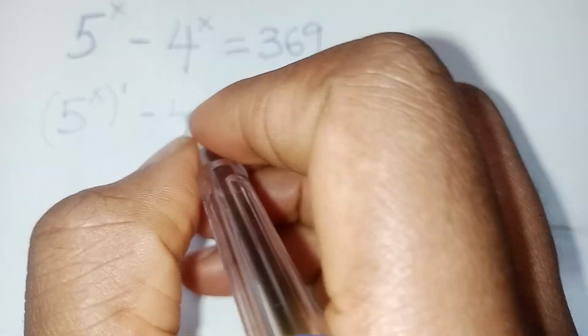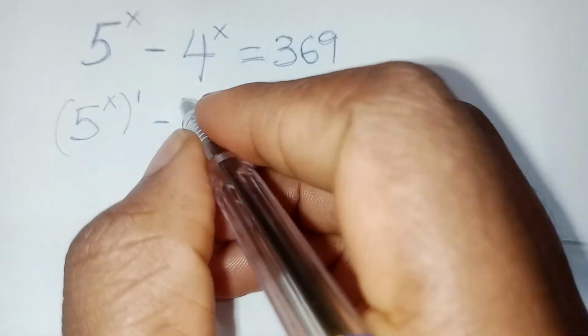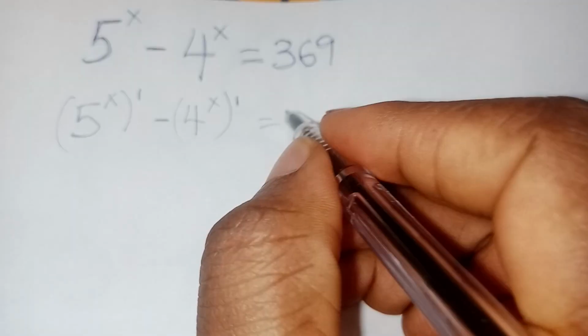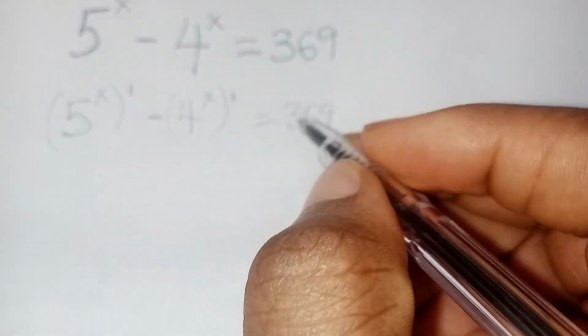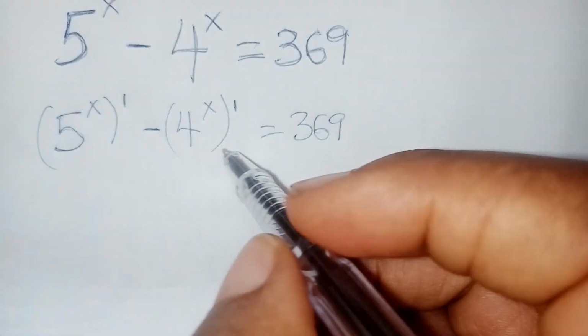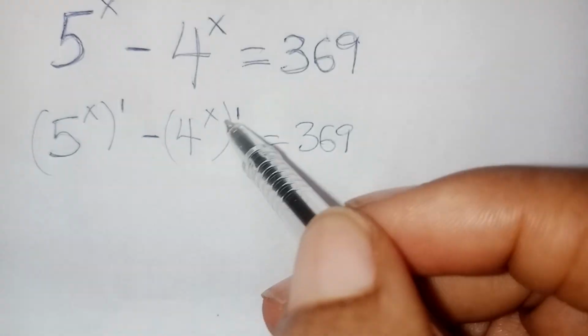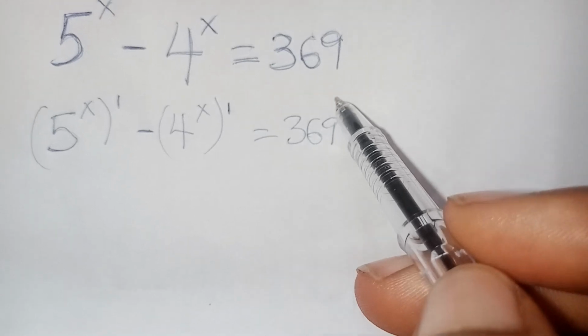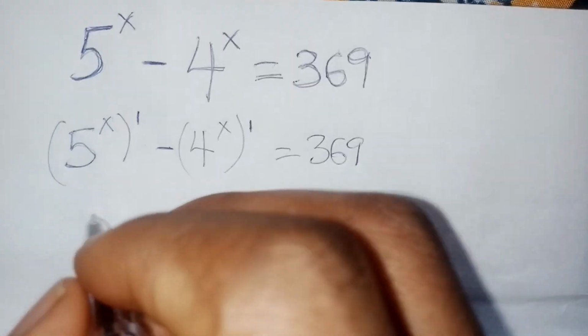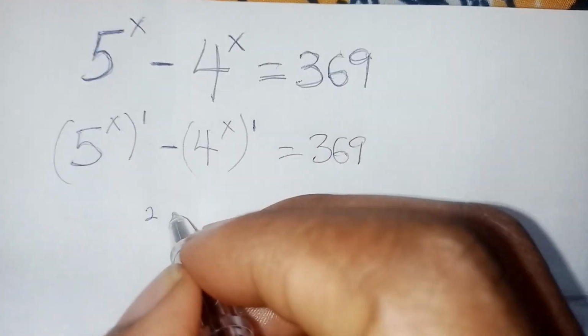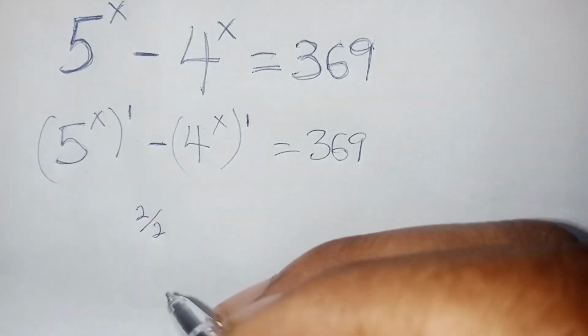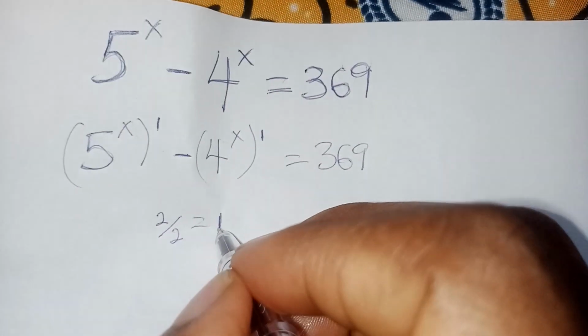we are going to move in this direction, right? We've not done anything different. To the power of 1 is still going to give us this, okay? So we know that 2 over 2 is the same thing as 1.